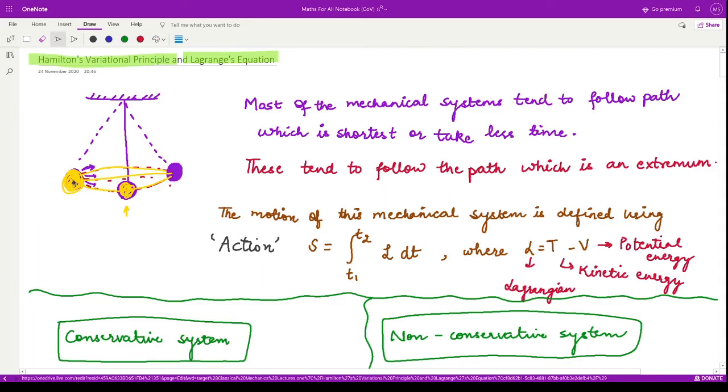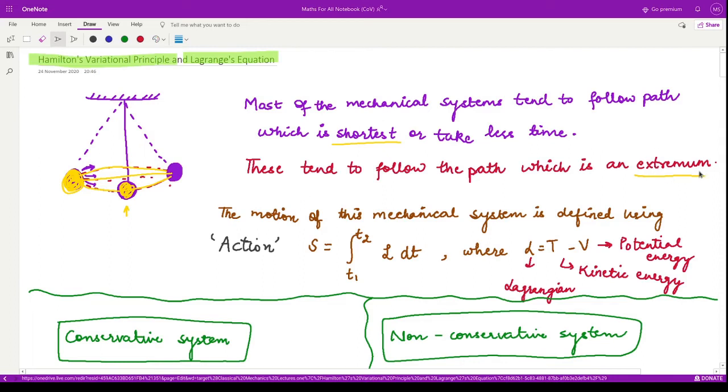So you see this pendulum can have many paths, and similar to this pendulum we have other mechanical systems. The tendency of any mechanical system is to follow the shortest path, which would take the lesser amount of time. And this path is usually known as extremum. That means it would take the minimum possible path for it.